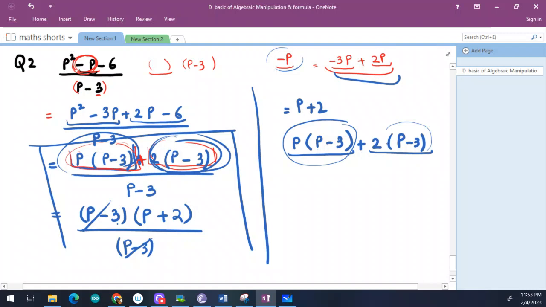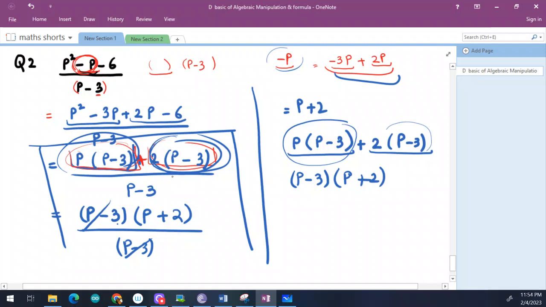In both terms, p minus 3 is common. So we take p minus 3 from this term and this term. What is left? P is left here, and 2 is left here. So I think you get it.